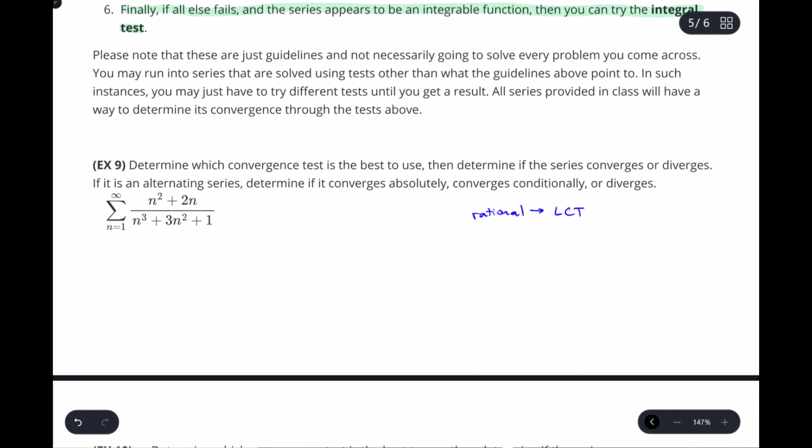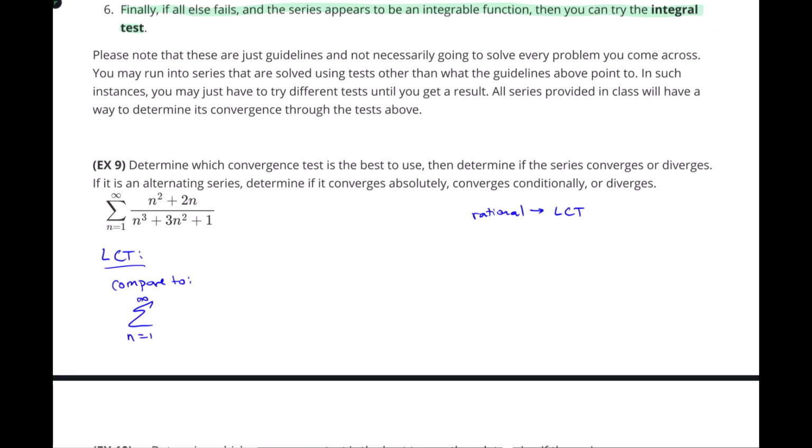So I'm going to do the limit comparison test, and I'll compare to the series from n equals 1 to infinity. If I take the degrees and reduce, I would have 1 over n. So that's what I'll compare to, which is the harmonic series, so it diverges.